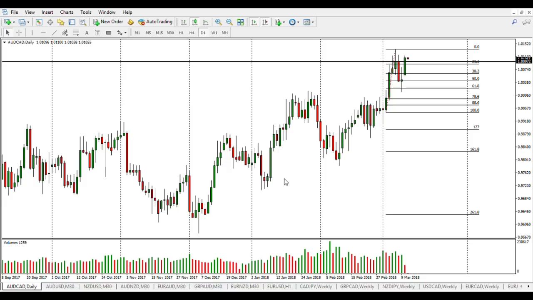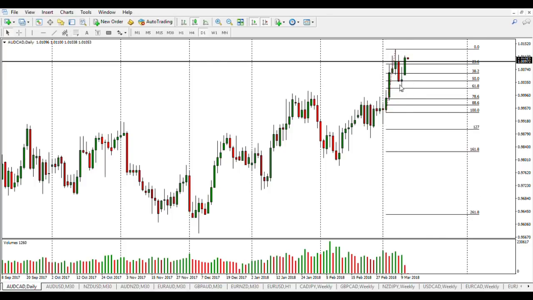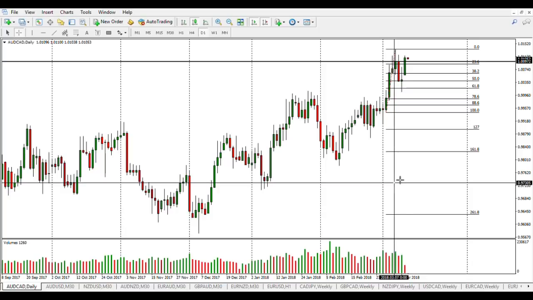Hey guys, me and Mia decided to do a weekly breakdown of AUD CAD this week because it's one of the pairs that we are watching. So what we had here is higher lows and higher highs, which indicates an uptrend. And then we had this bullish push, and price retraced to our 61.8 and formed a Morningstar candlestick pattern. So let's look inside this Morningstar candlestick pattern using our volume analysis.